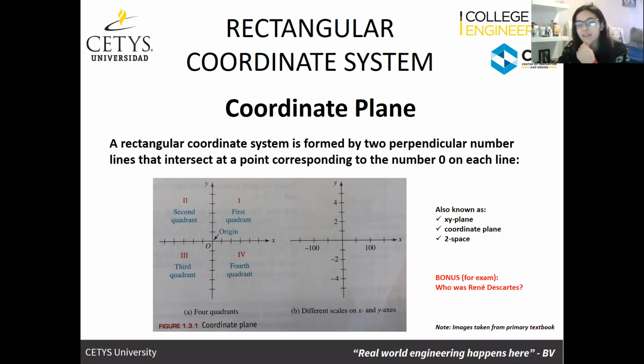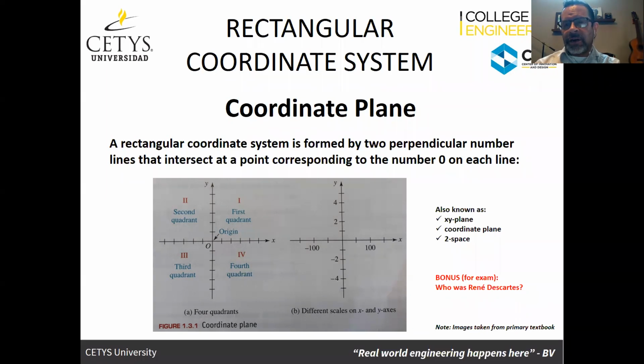Professor, I'm sorry. Yes, go ahead. I have a question. René Descartes was the one that discovered how to plot the points on the plane? Well, that's kind of a way of looking at it, but remember that in the past there were a bunch of people who were attributed with a bunch of advances in math and physics.